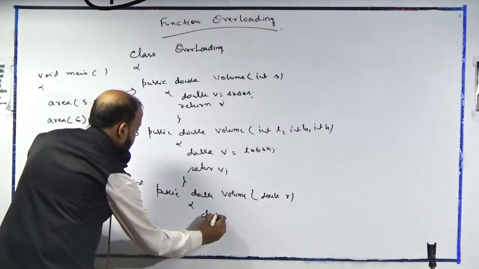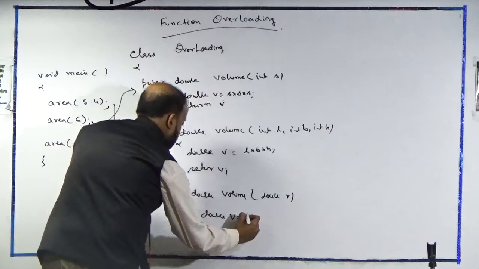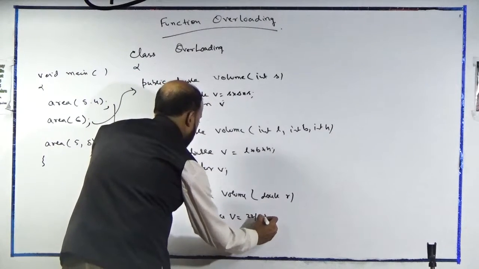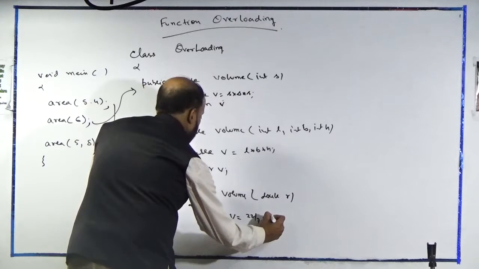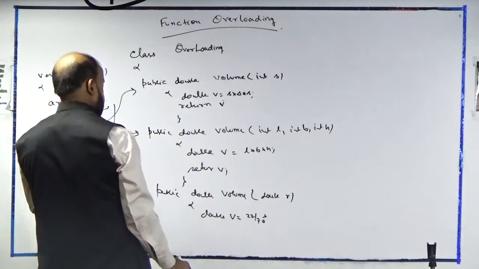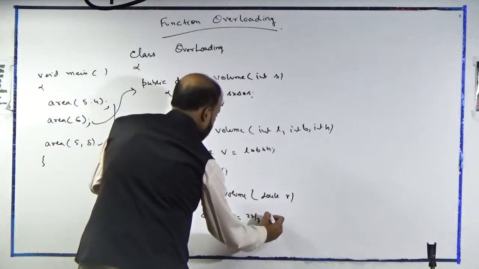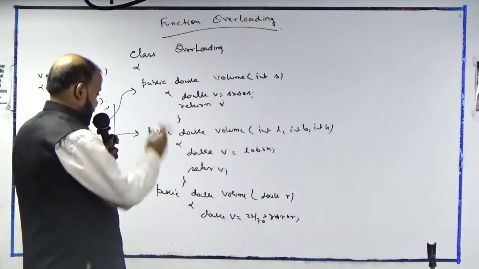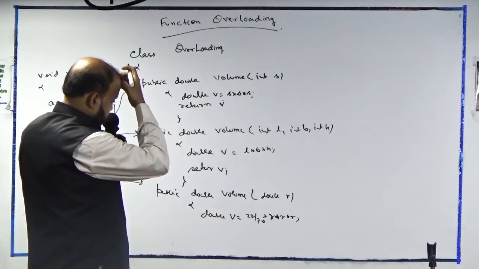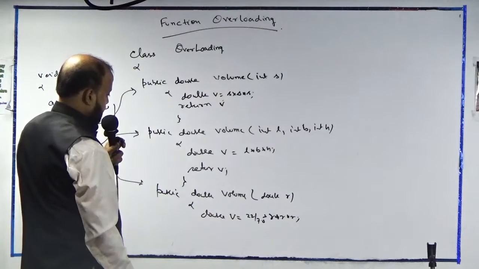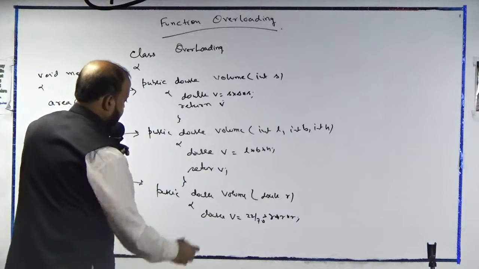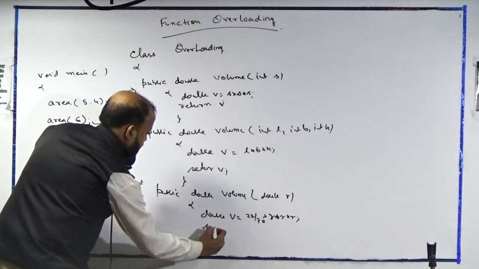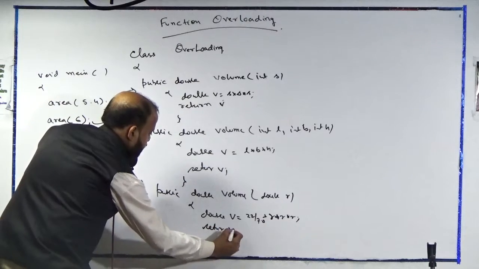Again you have double V equals 22 by 7.0, if the formula is right, it is pi r cube. Return V.